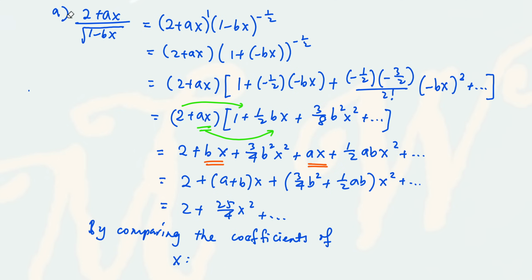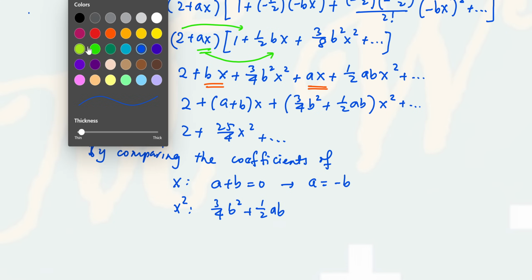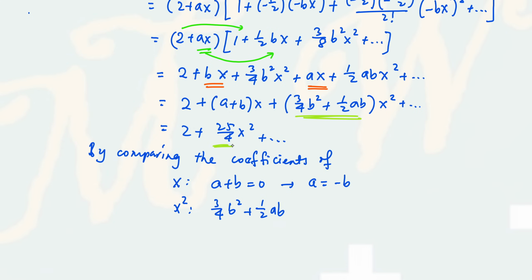So no need to write a bracket here. So I will be getting a plus b equals 0. Therefore, I will write a equals minus b. And then the x squared. So 3 over 4 b squared plus half ab, which is here, will be the same as positive 25 over 4.